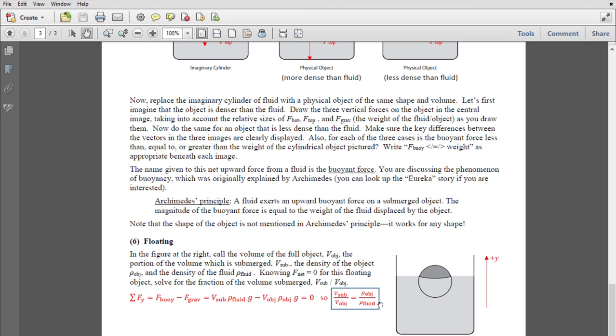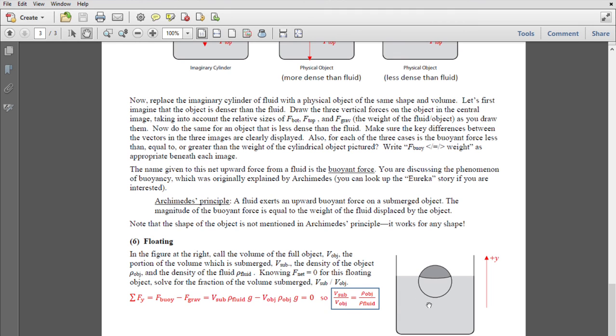So, for example, that tells us if the object is 2/3 the density of the fluid that it's sitting in, right? If it's a lower density than the fluid it's sitting in, it's going to float like this. Let's suppose it's only 2/3 of the fluid density. What that means is the ratio of the submerged volume to the total object volume, or the fraction of the volume that is submerged, is 2/3.